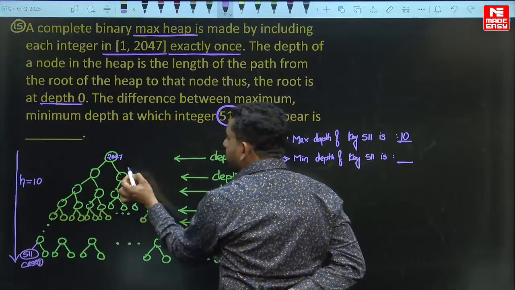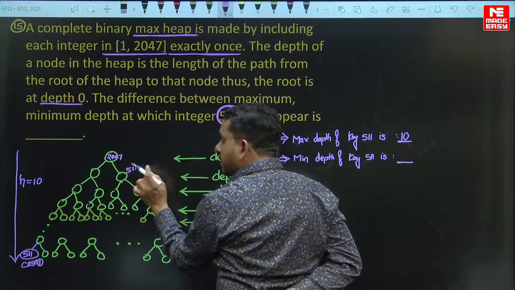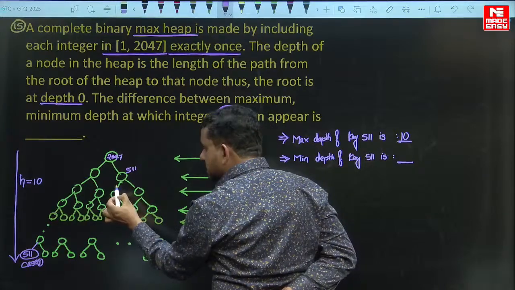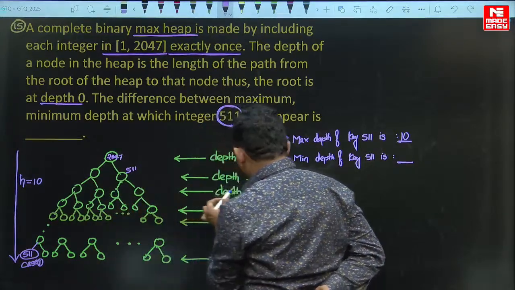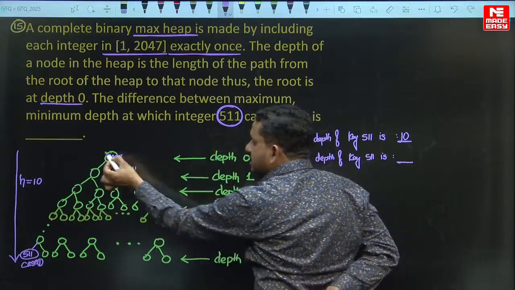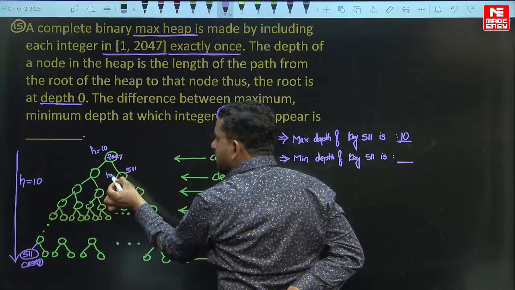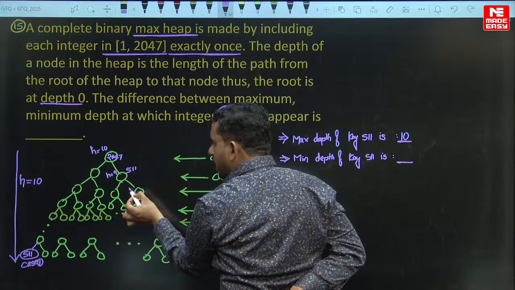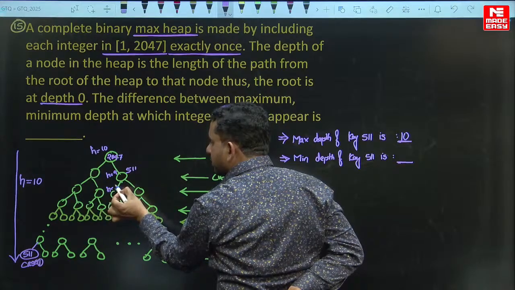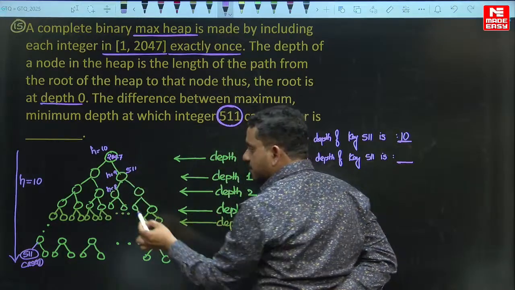511 is not possible at depth 1 because of the subtree sizes. Assume this node has height 9 and this node has height 8.